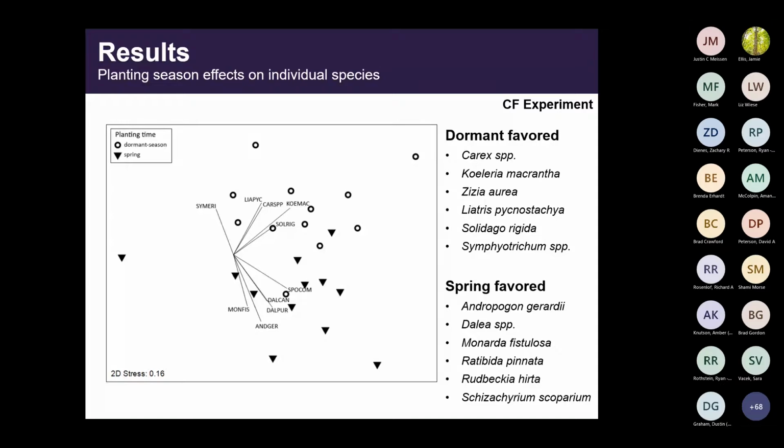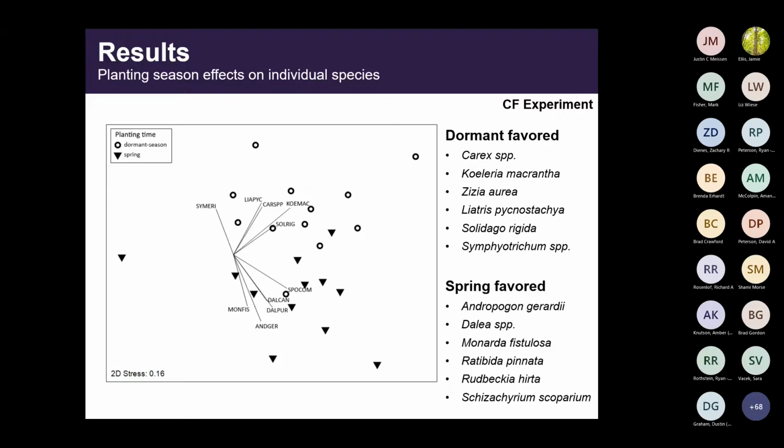You can see a pretty defined clustering based on planting time, with dormant seeded plots towards the top and spring seeded plots towards the bottom. These vectors that you're seeing are showing species with Pearson correlations to the NMDS greater than 0.4. And then we did some further analysis with PERMANOVA and showed that, statistically, those make sense, that planting time does have a statistically significant effect on community composition in the pollinator mix.